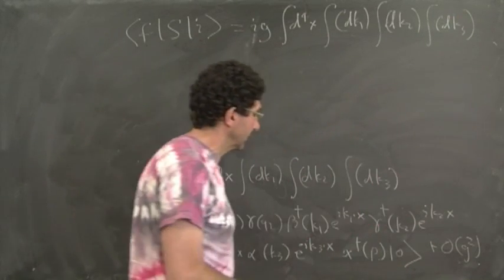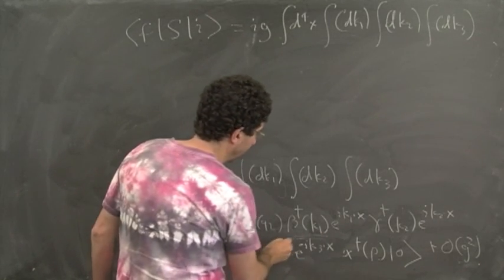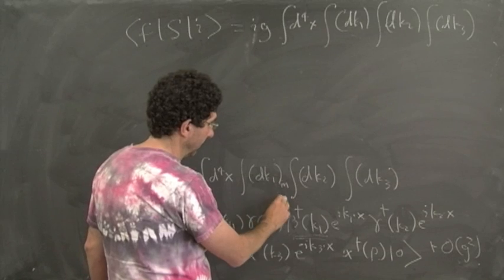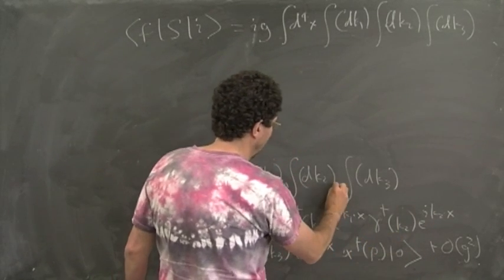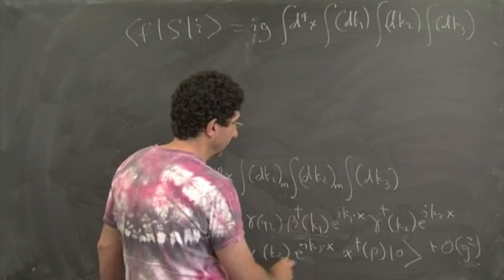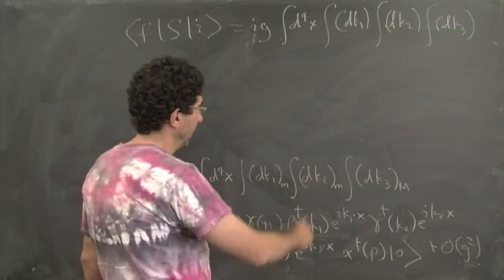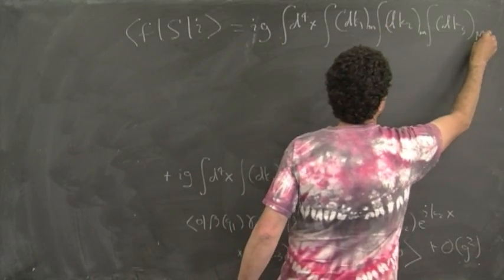Something I forgot to mention is that this K1 is over the nucleon mass shell, so I should put a little m here to remind myself that this is the nucleon mass. K2 is also over a nucleon, so this is little m. K3 is an integral over the meson, capital M, right? These have different masses for their mass shell. So we have little m, little m, big M.